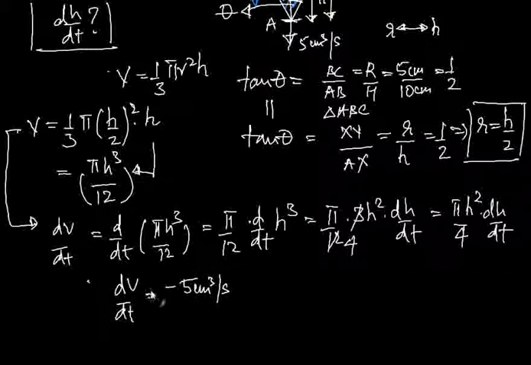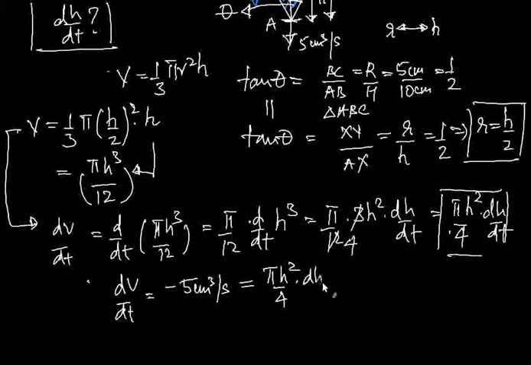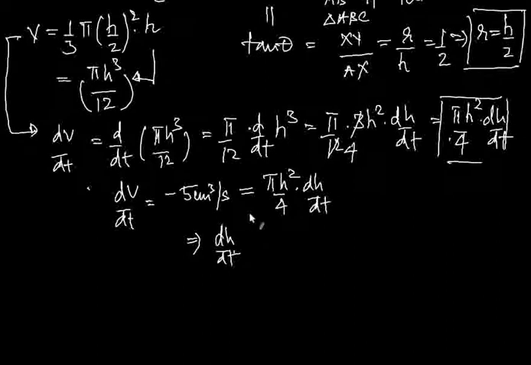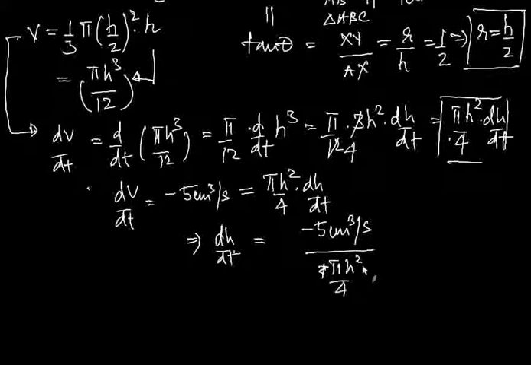And so dV by dt is minus 5 centimeter cube per second, which is also equal to this expression over here, pi h square by 4 dh by dt, which implies that dh by dt is simply equal to minus 5 centimeter cube per second divided by pi h square by 4.